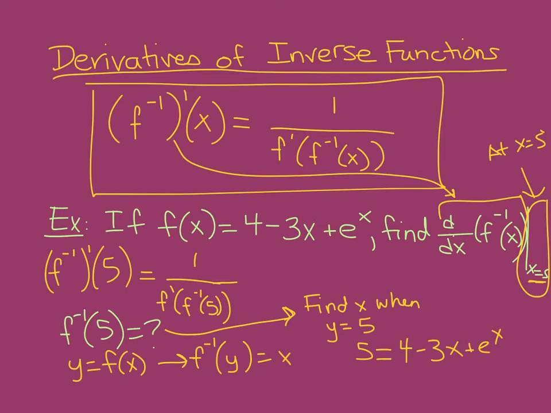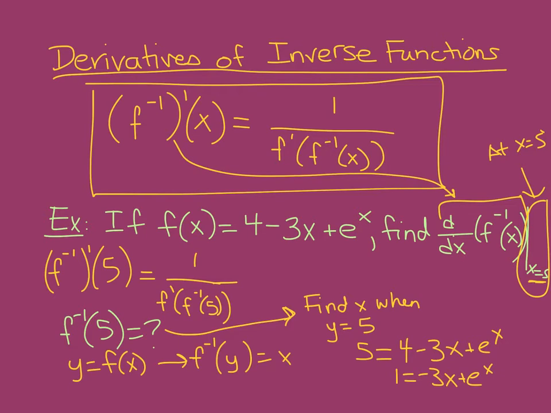The other thing about this problem that's also hard is you get 1 equals negative 3x plus e to the x. This one would not be solvable without a graphing calculator, and you're welcome to graph y equals negative 3x plus e to the x and see what x value gives you a y of 1.